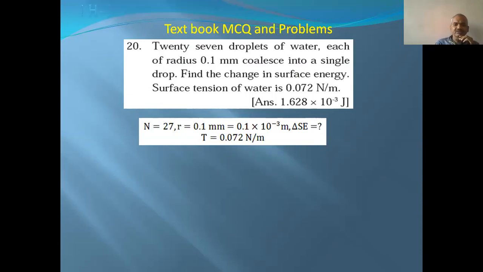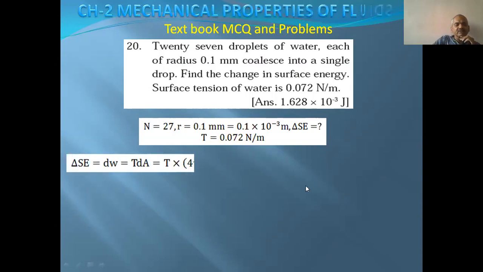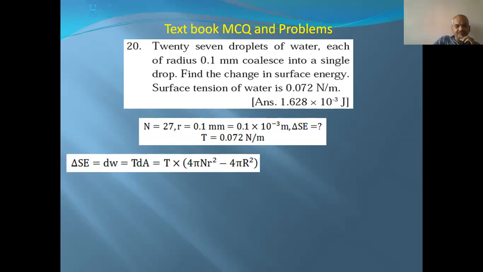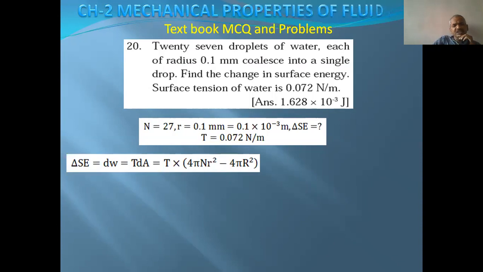The change in surface energy, that is dW, is to be calculated, and for that we know the relation T dA. Here T is the surface tension and dA is the change in surface area. When a number of droplets coalesce into a single droplet, the area decreases.